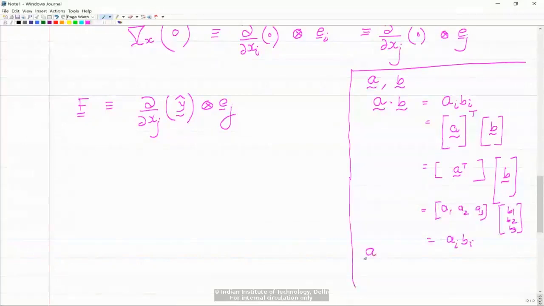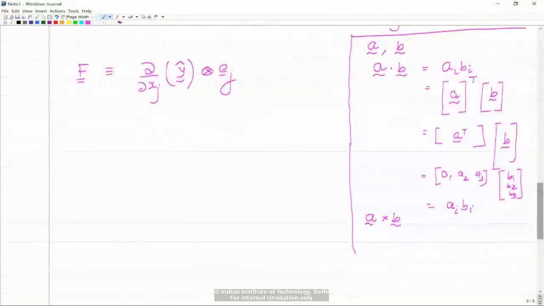Then you also have cross product, right? And cross product is also called vector product, and dot product is also called scalar product. So this is dot product slash scalar product.